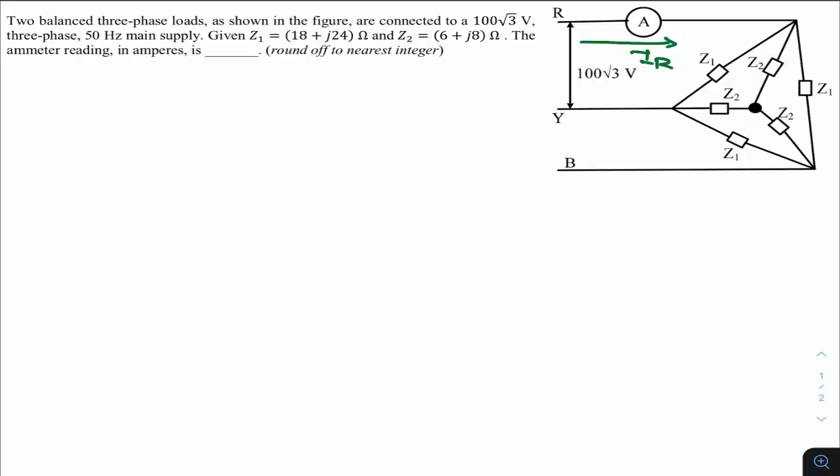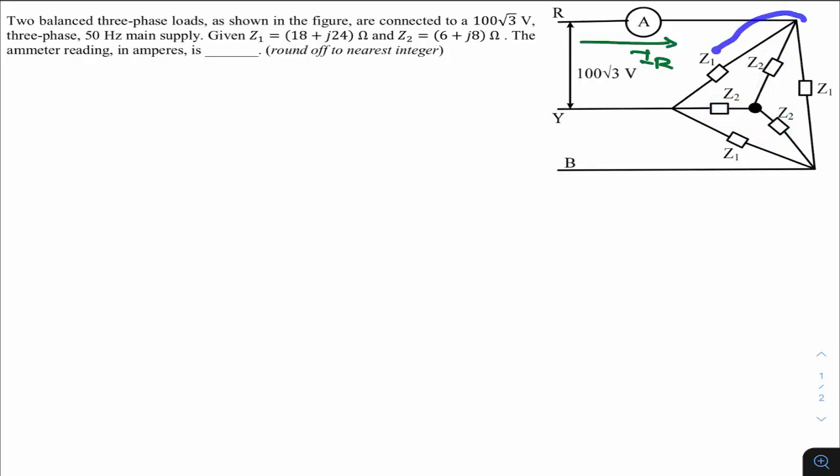We will convert it into its delta model so that we can find the Z equivalent. As you have already learned, if all the elements in the star are identical, then in the corresponding delta their value will be multiplied by 3. So if I find the corresponding delta, in the 3 arms the values will be 3Z2, 3Z2, 3Z2.